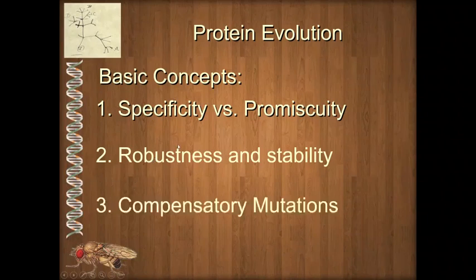And then we also get these interesting trends in proteins where we can have compensatory mutations. If a mutation occurs that changes the function slightly of an amino acid, natural selection can work to either make that amino acid more common or to remove it from the population. Sometimes those changes, if they are negative, can still become fixed or common in a population.